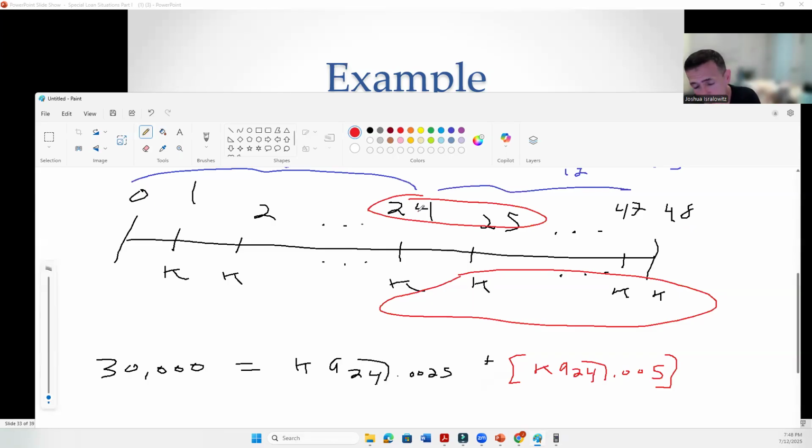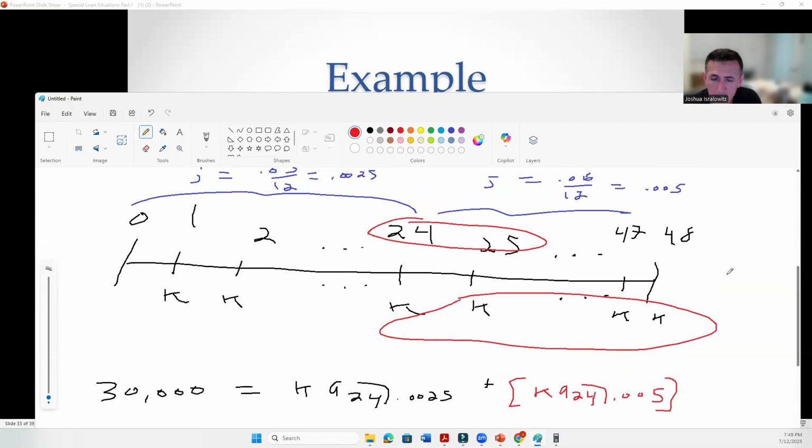24 to 25 is my first payment period for these 24 payments. Remember, I always have to do this when we have an interest rate or a payment change. So this is my first payment period, 24 to 25, for these last 24 payments. The first payment of these 24 payments occurs at 25. So this is definitely an annuity immediate situation.